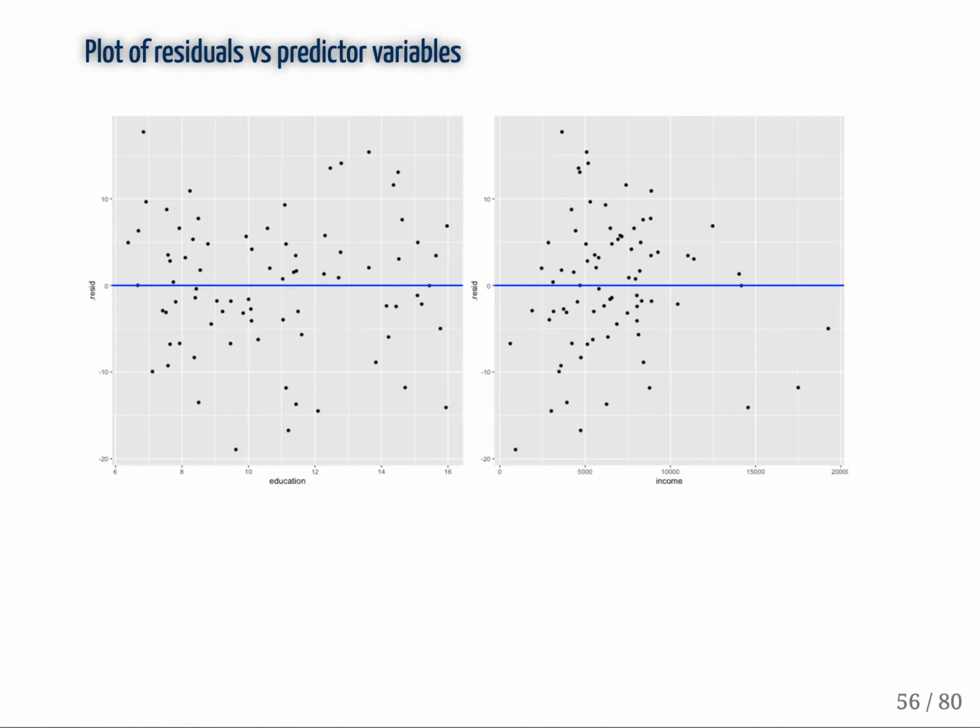If a plot of residuals versus another variable did show systematic structure, the form of the model with respect to that variable would need to be changed.